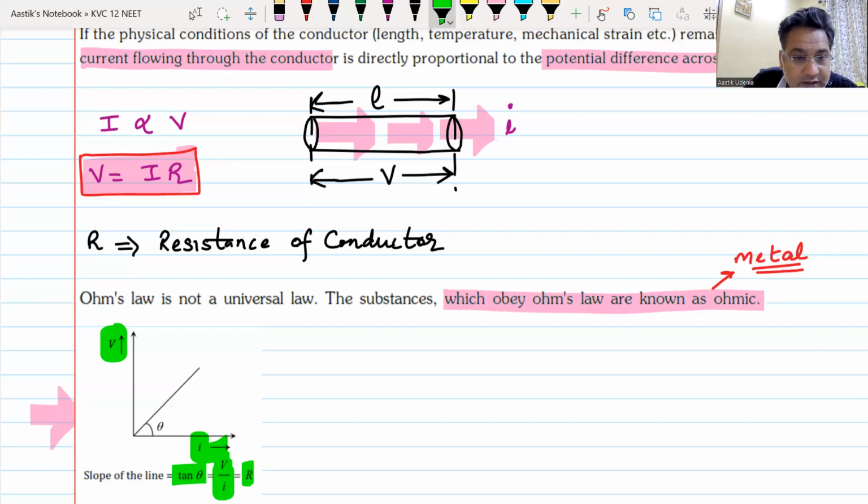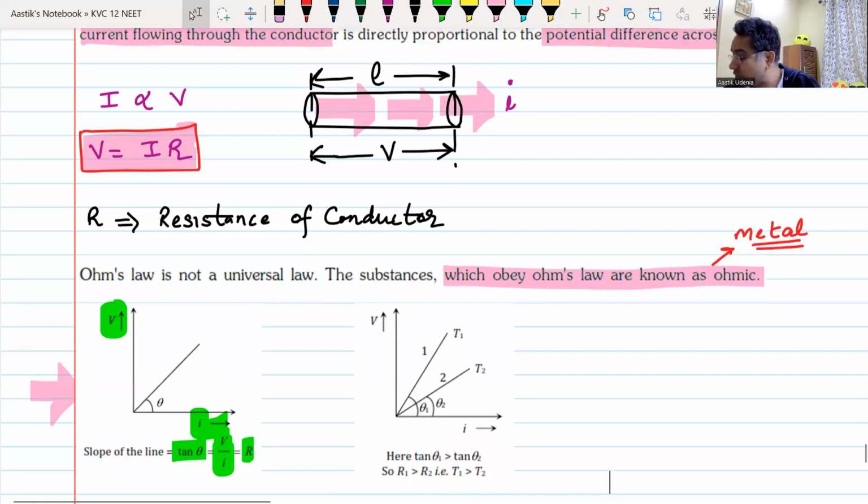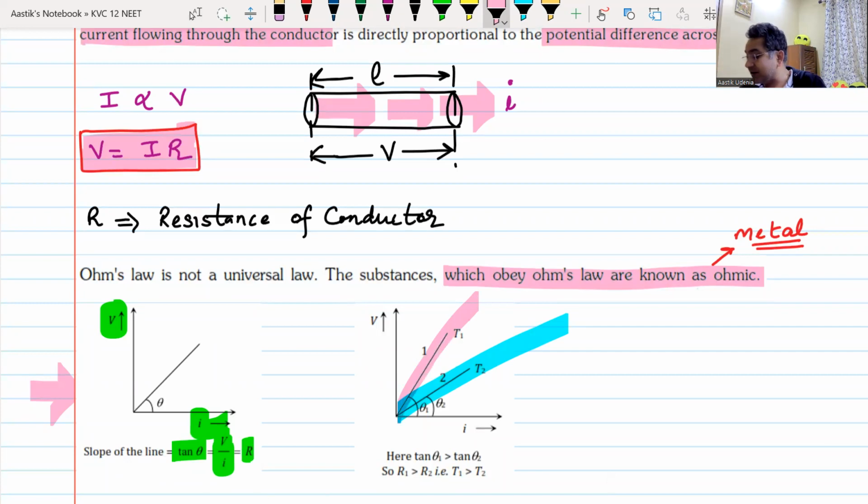Now you can draw this graph at two different temperatures also, and you will see that the slope will change. You can see this blue graph which is drawn at temperature T2 and this pink graph which is drawn at temperature T1 between V and I. The pink graph has more slope, so resistance is more.